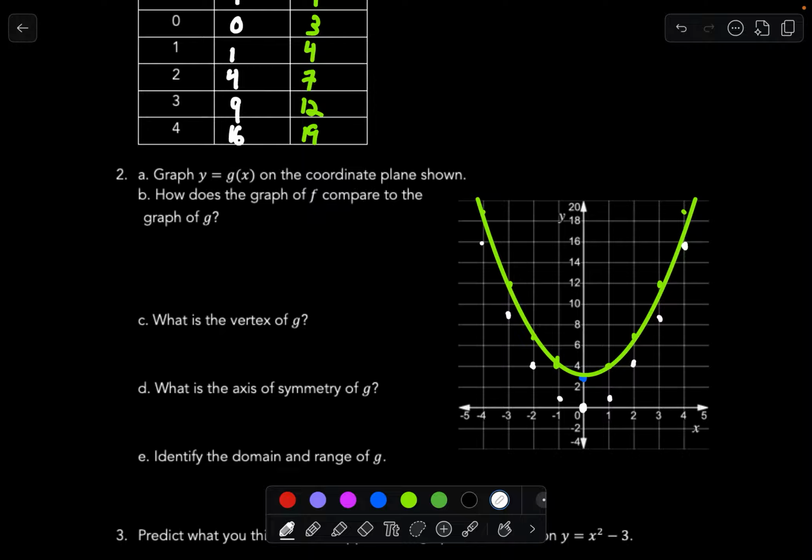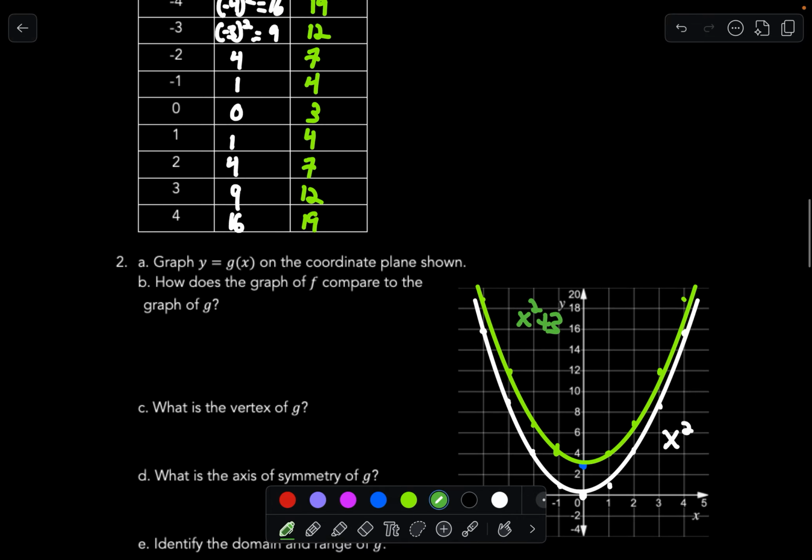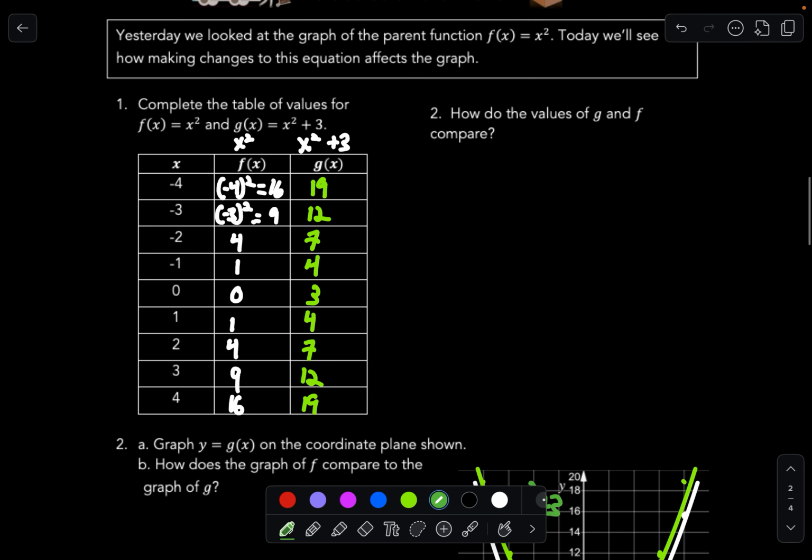And so we have a graph that looks like this. Okay, and the white is x squared, and the green is x squared plus 3.